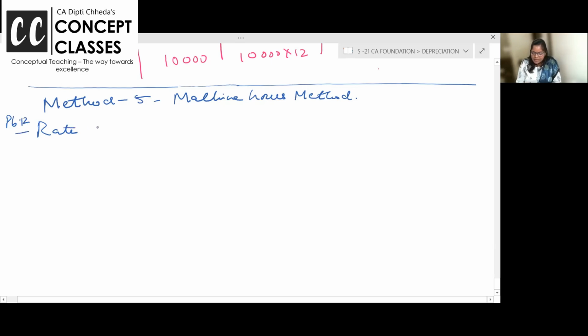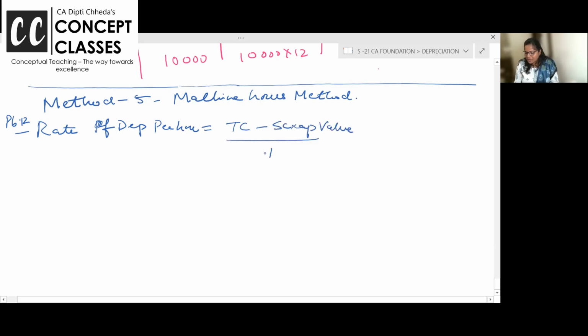First, we'll calculate the rate of depreciation per hour. Total cost minus scrap value, divided by total hours. Can you make this formula or not? So what is the total cost of the machine? 30 lakhs. What is the scrap value? 2 lakh.